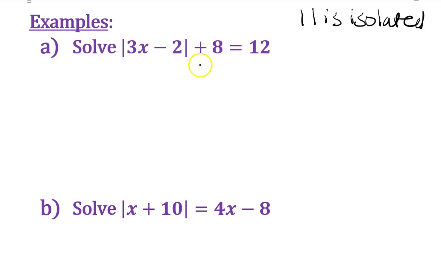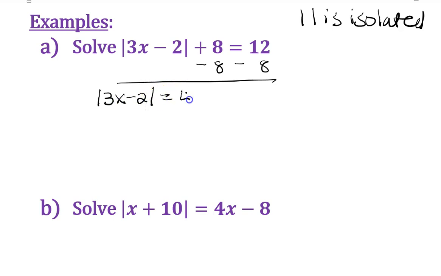So in this example, before we do anything with the two scenarios, we're going to subtract 8 from both sides. And that leads us to the absolute value of 3x minus 2 is equal to 4. Now, what we went through on the previous screen is that this has two conditions.